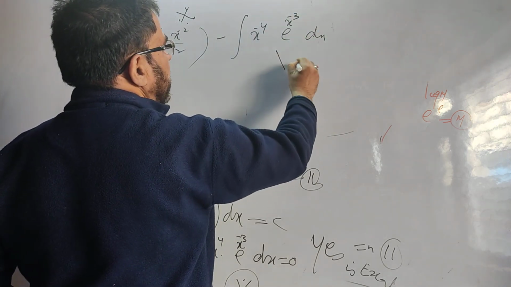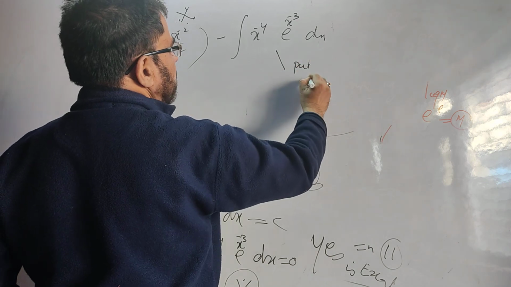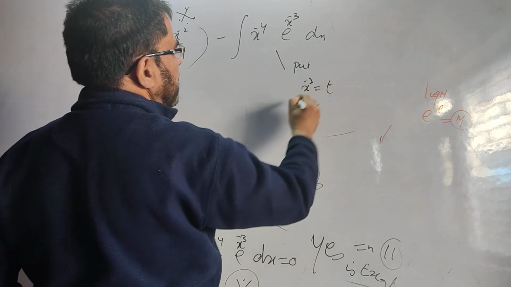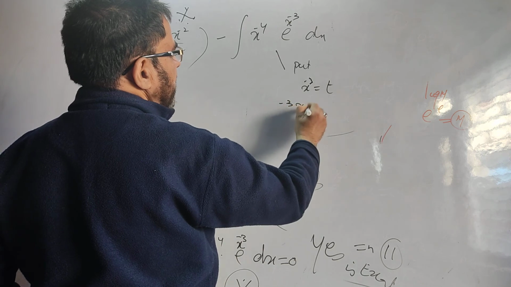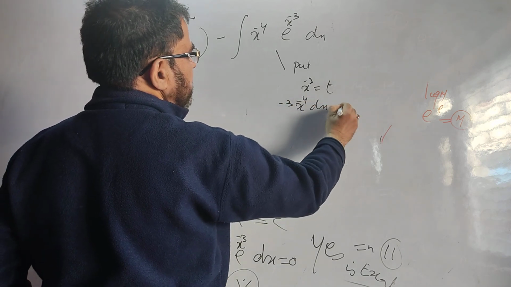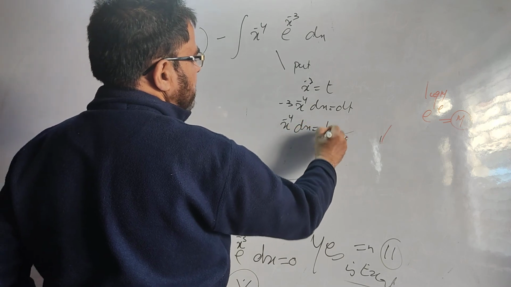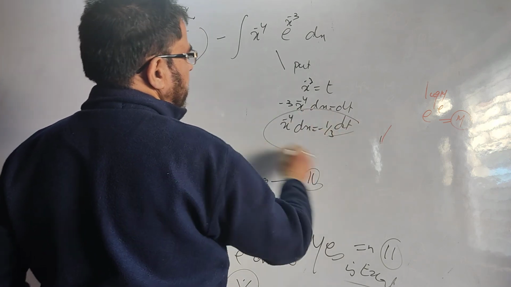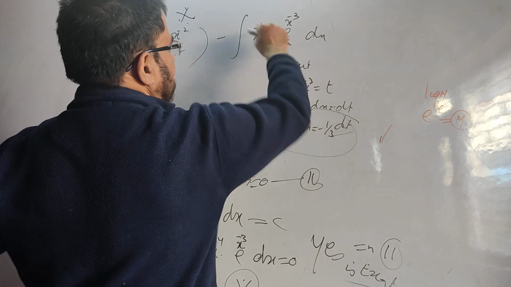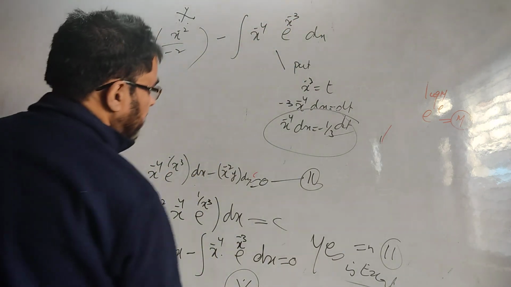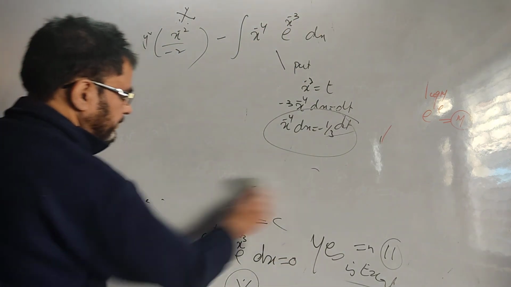For this integral, if I put x raised to power minus 3 equal to t, this gives minus 3 x raised to power minus 4 dx is dt. So x raised to power minus 4 dx is minus 1 by 3 dt, because differentiating gives this. It is a suitable substitution.